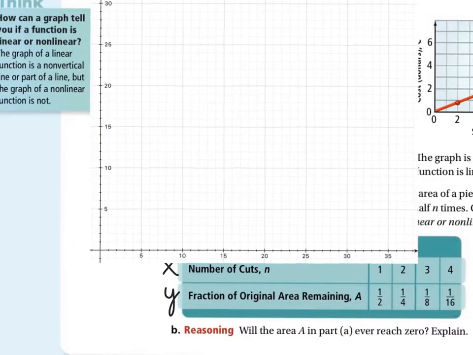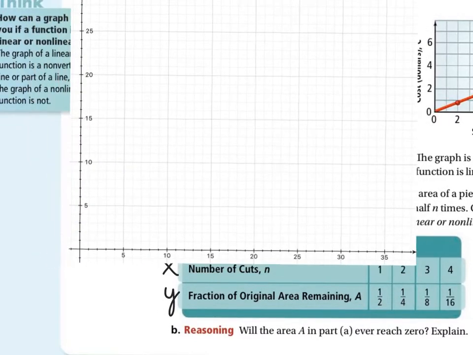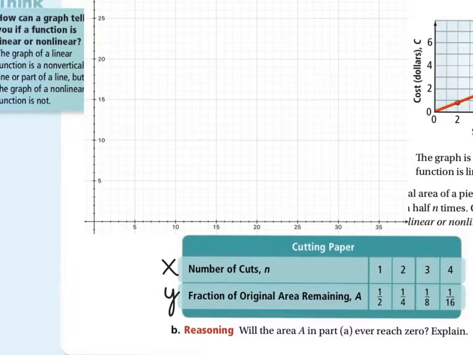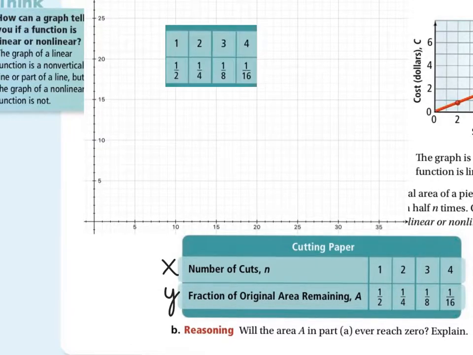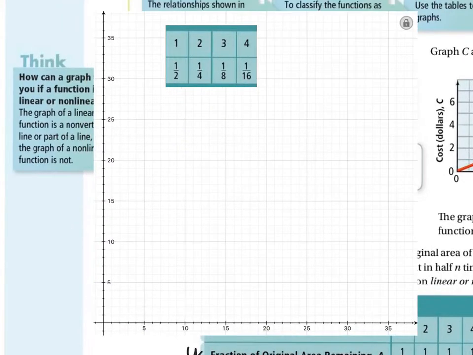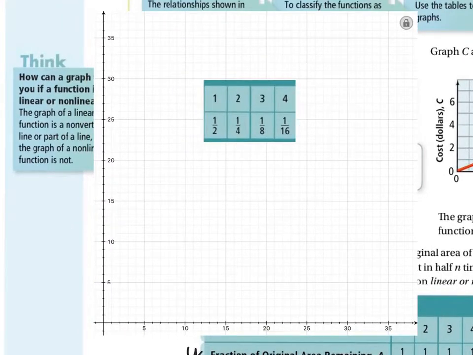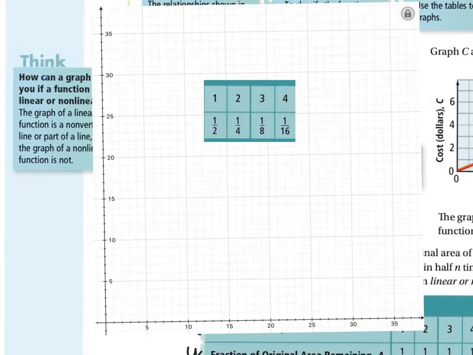Since the last one was 1/16, I'm just going to go by 16ths on my Y axis. So this was going by ones, but we'll just say it's 1/16, 2/16, and so on.